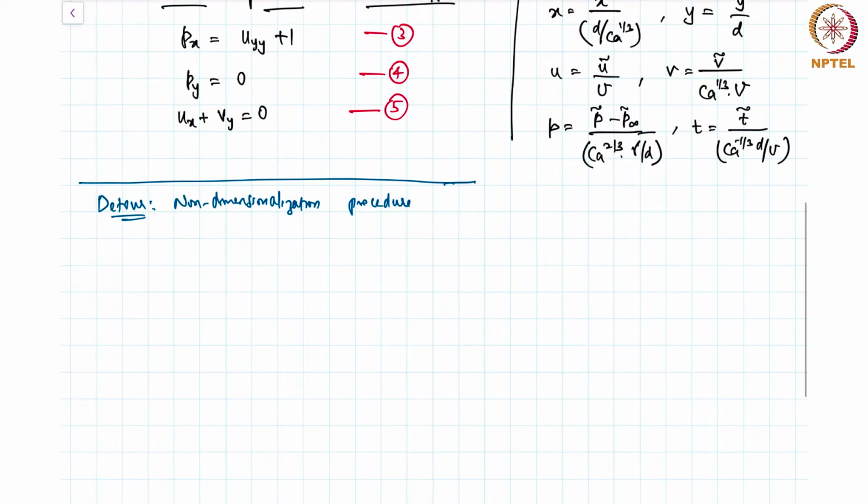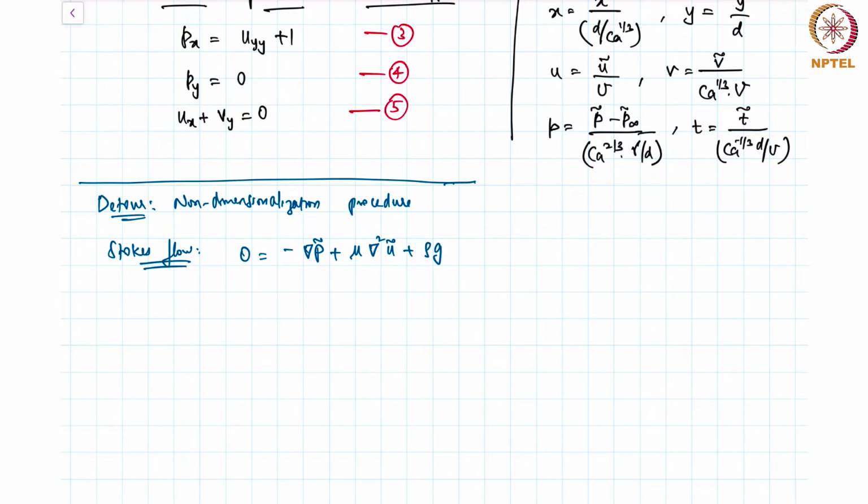So the idea is as follows. If we start with Stokes flow, we have minus grad P plus mu del square of U plus rho G, which is the Stokes flow, right? Now we can non-dimensionalize the following.